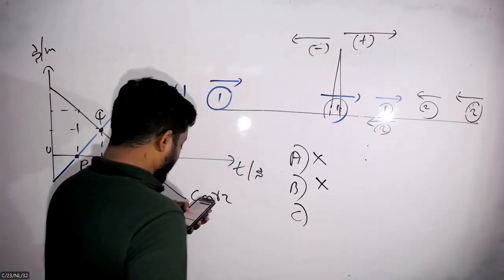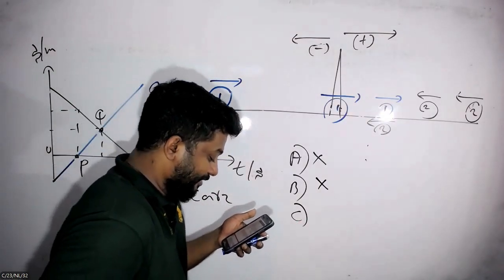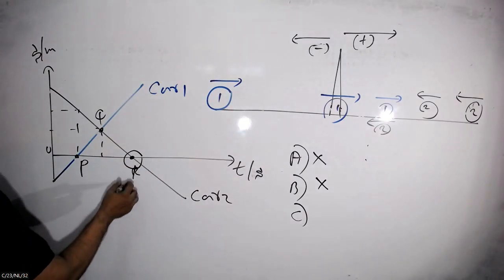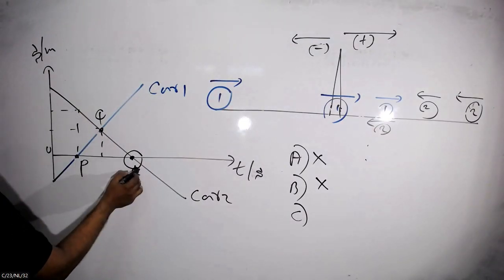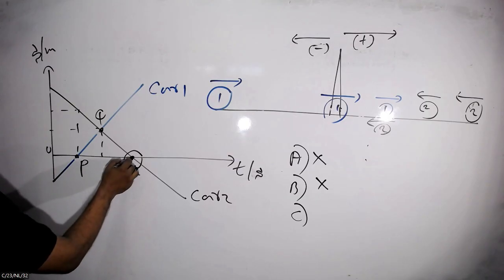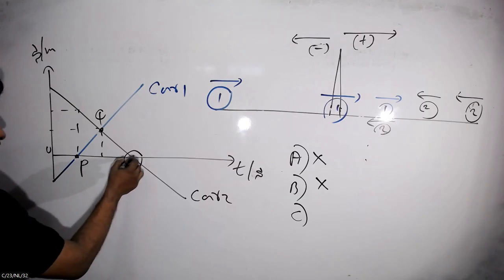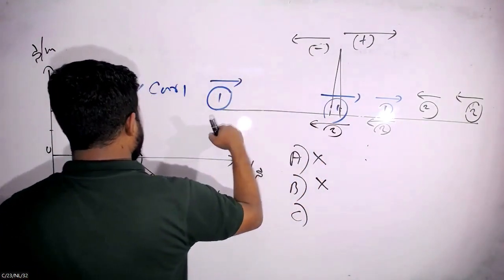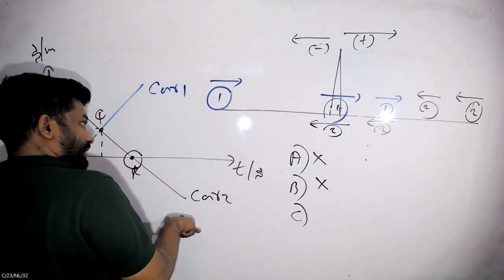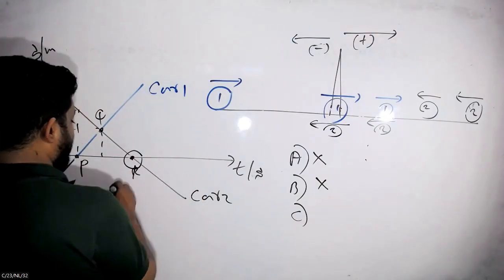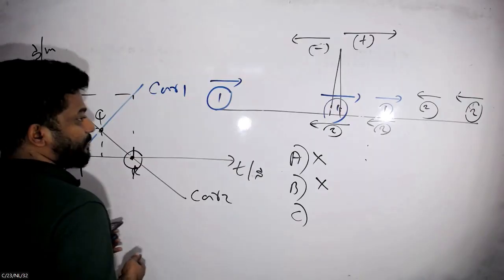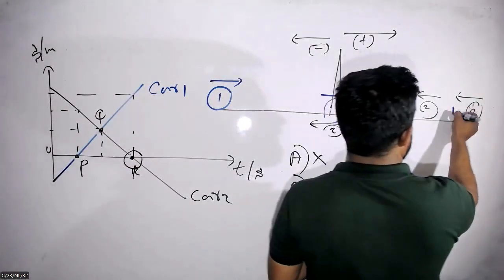Then you can consider the statement C relevant to point R. Before the statement, here you can observe that at point R, the displacement of car 2 is 0. That means car 2 passes the lamppost. It continues its motion towards the left side. And when you consider the motion of car 1 at this time, it has positive displacement.